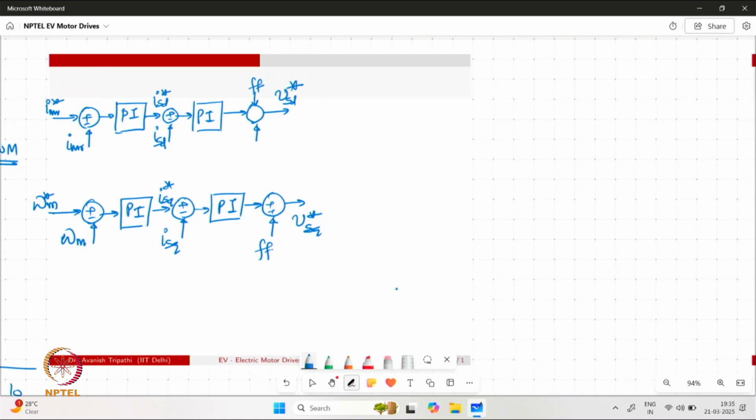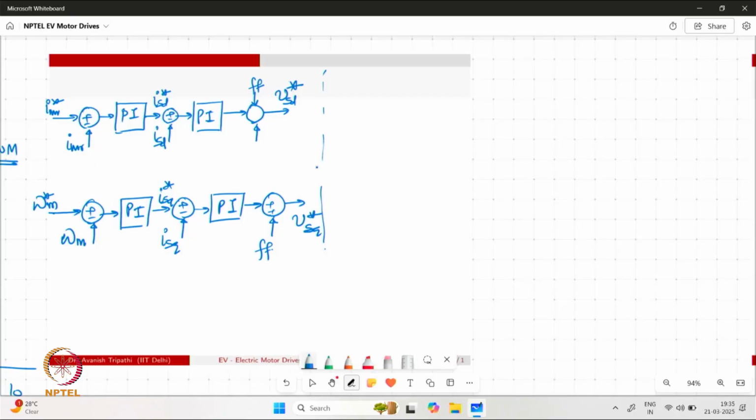Now, this all computation, this all phenomena is happening within the controller, but this controller is eventually going to interact with the hardware. So we need to have the correct signal appearing in the PWM generation.